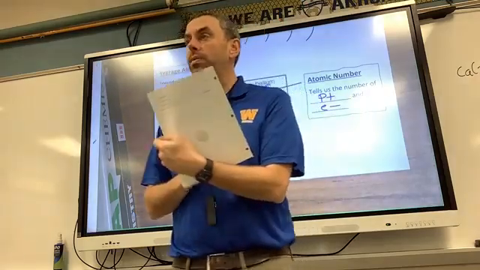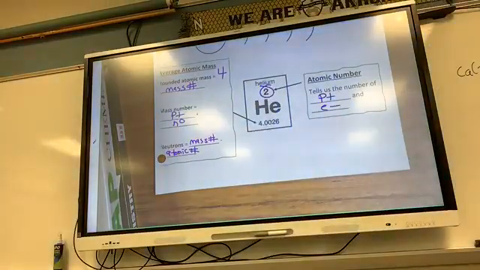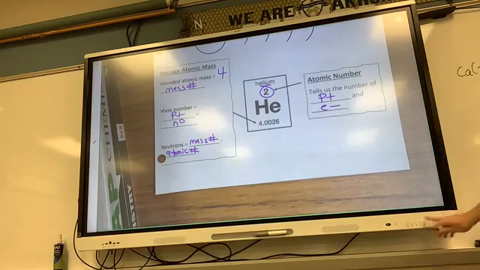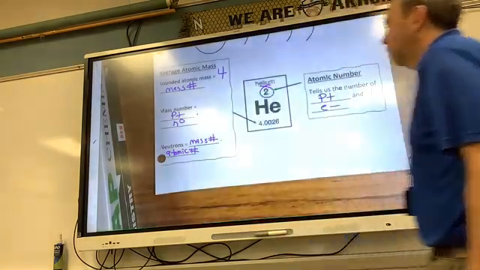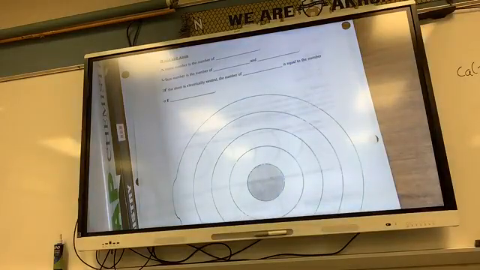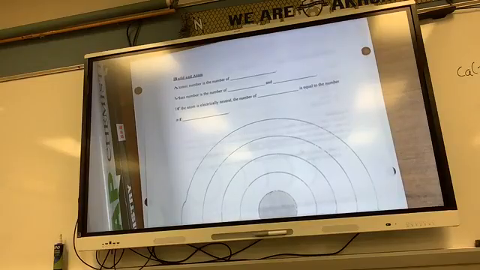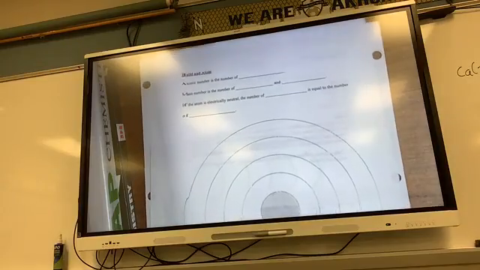Flip it to the back first. On the back, it helps us review what we just talked about. On the back of the other one. Okay.